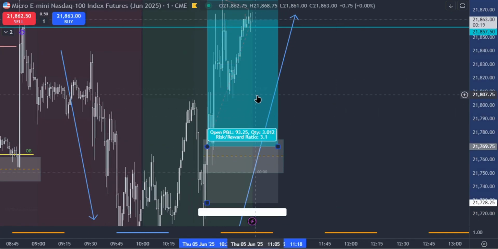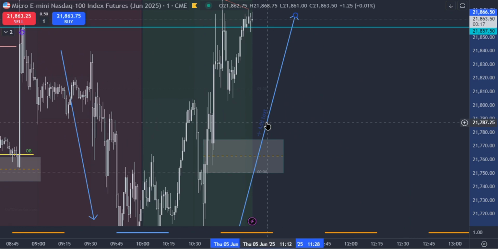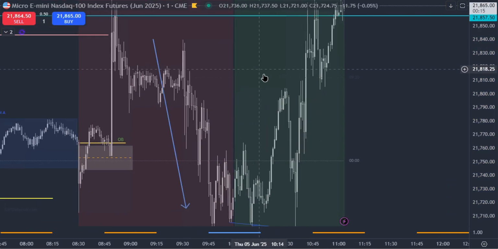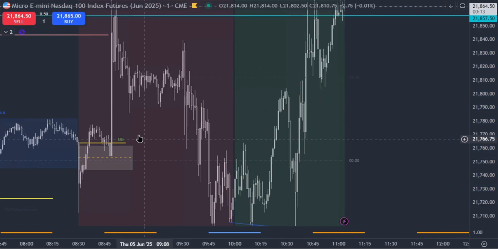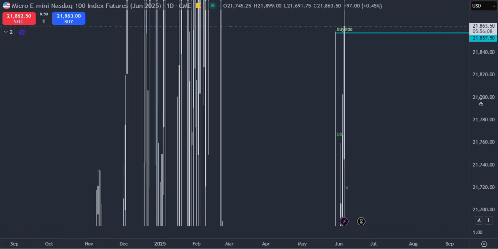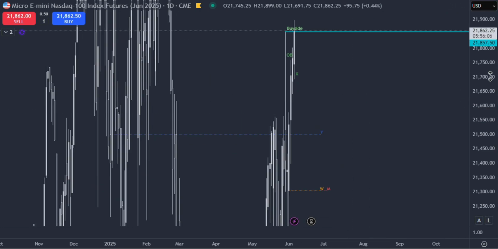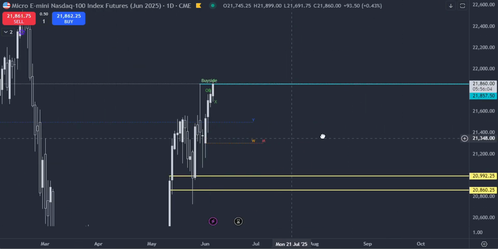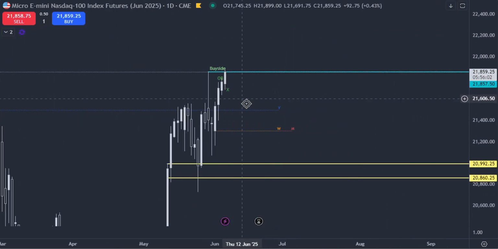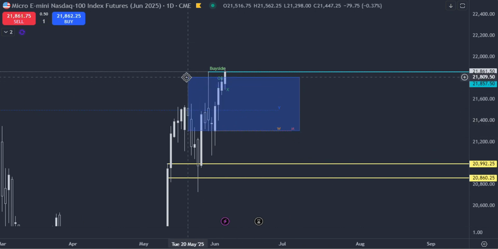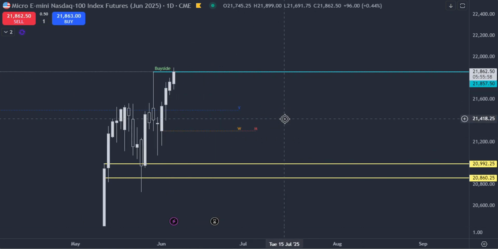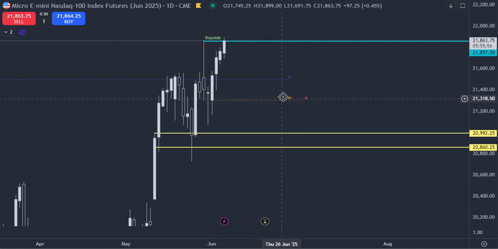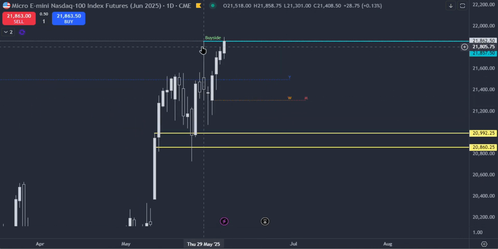So if you're more of a swing trader and you want to look at the hourly entries, let's go to the daily chart. On the daily chart, this is the daily high.